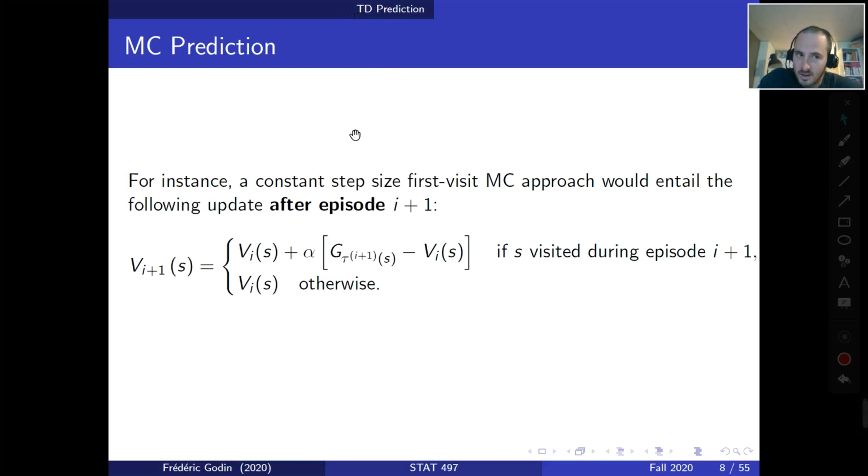Okay, and here again, we reiterate that this return is only known by the end of the episode. It's not known before that. So we have to wait for the end of the episode to increment our estimate.